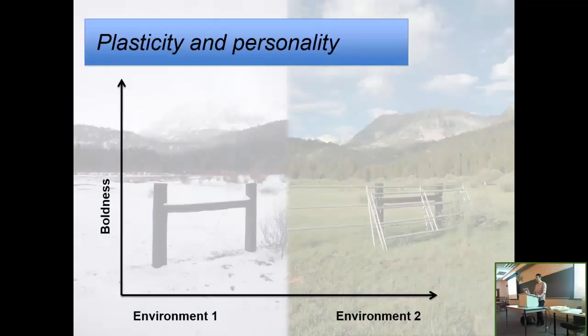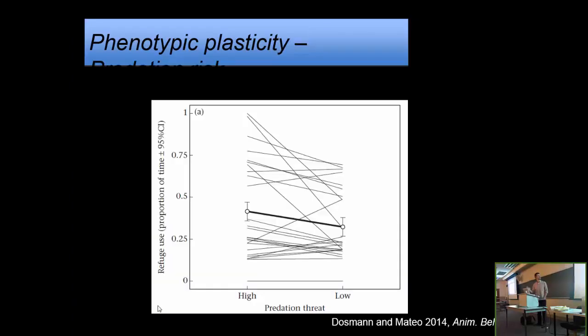And so it gives the expectation that we might see a fair amount of plasticity in a given behavior such as boldness. That if we look at these different environmental variables, in the high predation risk and the low predation risk environmental manipulations, we see a couple things. There's a significant main effect, although what's much more striking is that there are substantial individual differences in individuals' behavior.